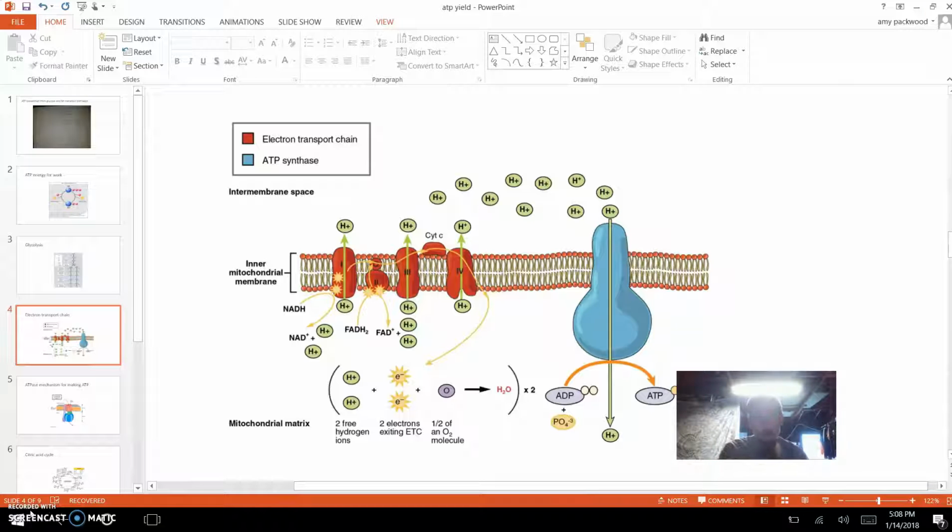Now, these four little protein complexes here, 1, 2, 3, 4, and then we've got this blue one. This blue one is the ATP synthase. It is the assembly line for ATP, the final destination where the most ATP is going to be created. In the first one, it goes in and out of this proton gradient.